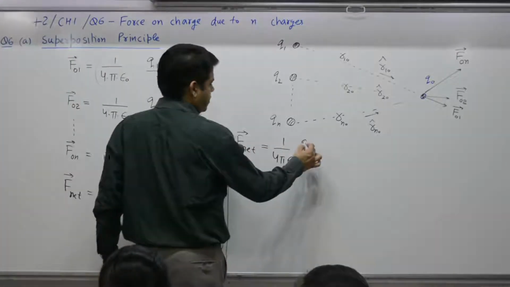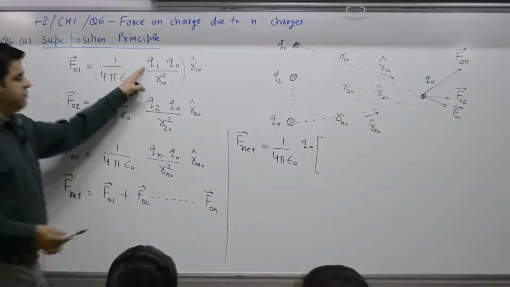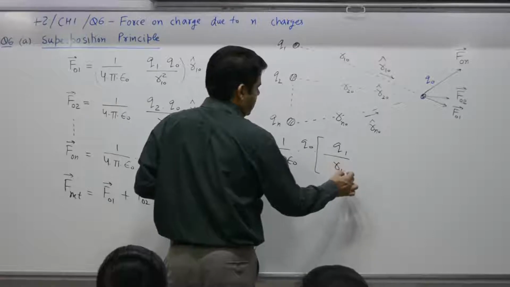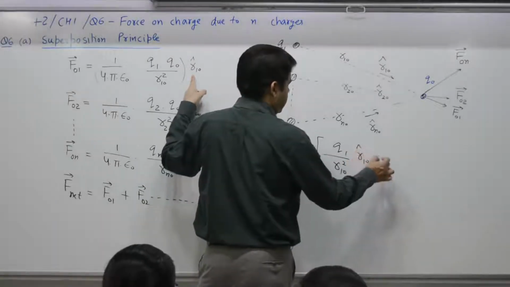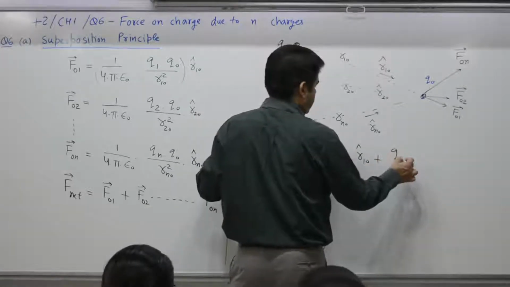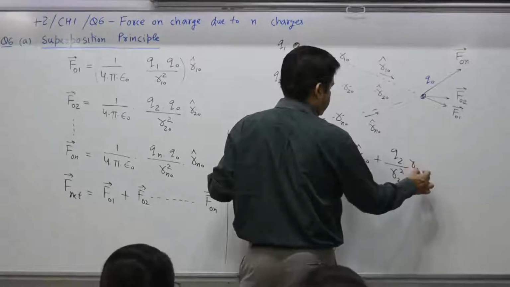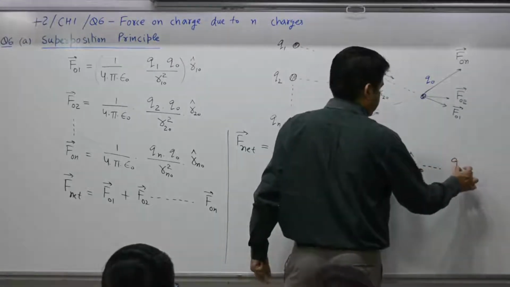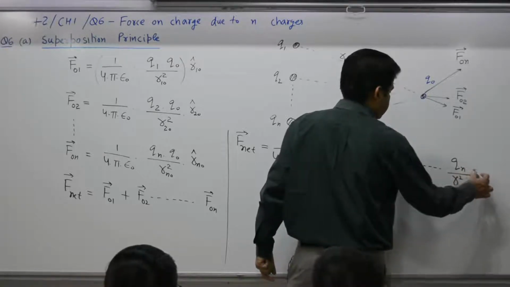So what you are left with is, in the first, Q1 over R1 naught square, direction R1 naught. Second, Q2 over R2 naught square, direction 2 naught, and so on. Qn over Rn naught square, direction Rn naught.